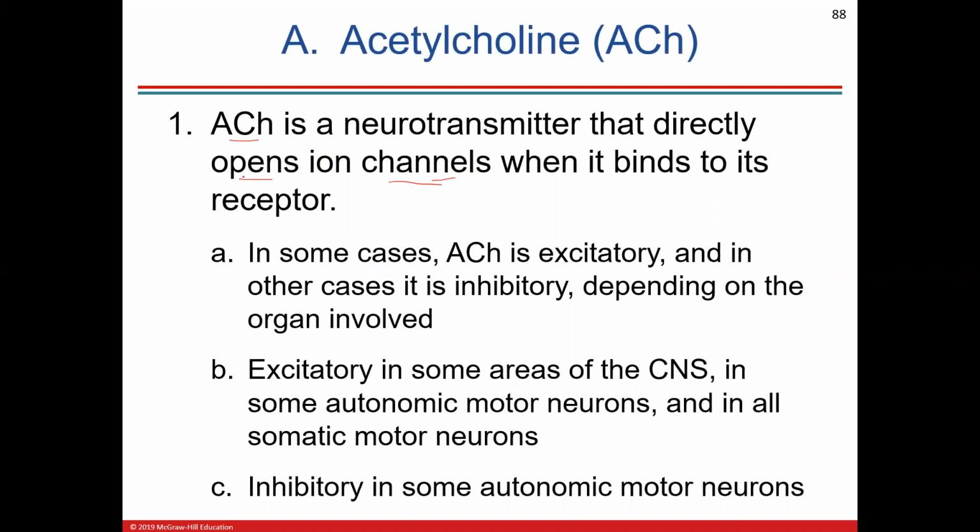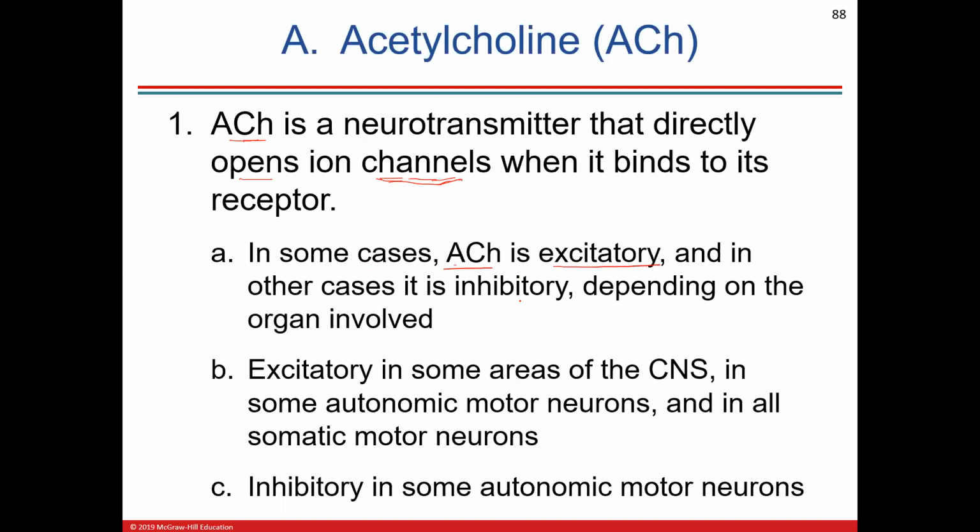So sometimes acetylcholine can be inhibitory, but not in the somatic nervous system or somatic muscle contraction. In the autonomic synapses, it can be inhibitory, especially with the parasympathetic nervous system. And I'll explain that to you. So in some cases, like always with muscle contraction, but in autonomic, it's different.